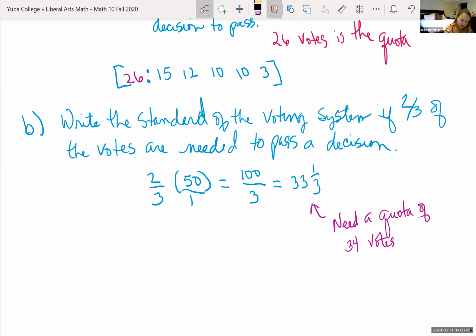Okay, so again, writing the standard voting system. In this case, quota is 34, but the weights of the voters are still the same. So going down in the order, player 1 has 15, player 2 has 12, player 3 has 10, player 4 has 10, and player 5 has weight 3.